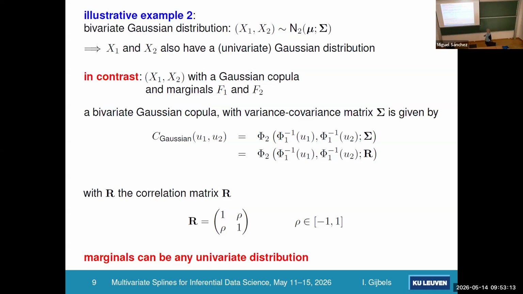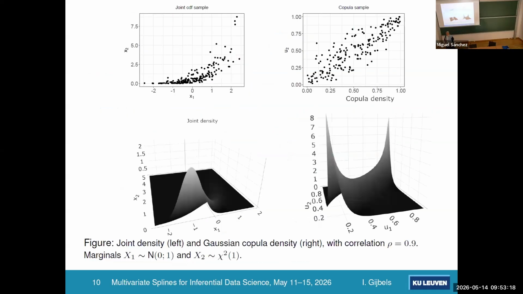Now you can use this with any kind of univariate distribution, and I'll just show you one example where I took for one marginal a standard normal, and for the other one a chi-squared 1 distribution. Actually, a sample from the bivariate distribution that results is shown over here. When I apply F1 and F2 to it, so I uniformize these margins, I get U1, U2, and this is actually the dependence structure, which is dictated by this Gaussian copula.